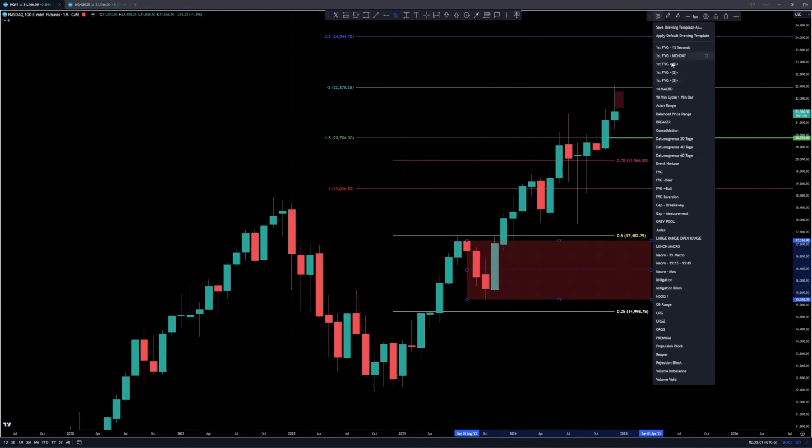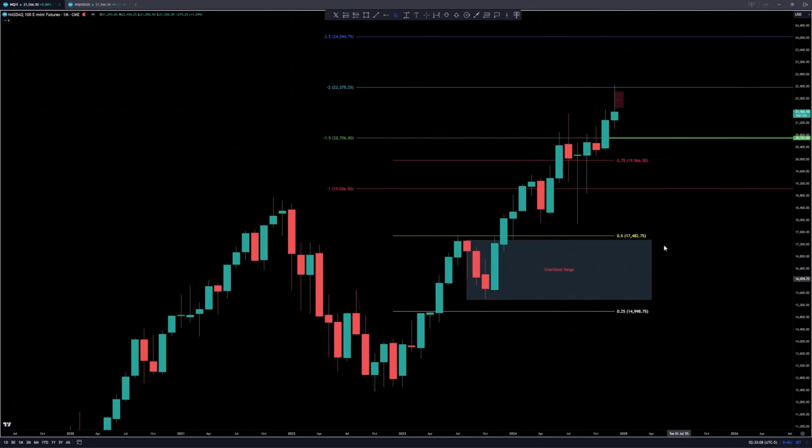And I think we will see that one day. I cannot tell you when exactly, but here you have the highest probability of success. And you should always be buying in deep discount or in discount. Discount is always below equilibrium, the 50% of the previous price range.